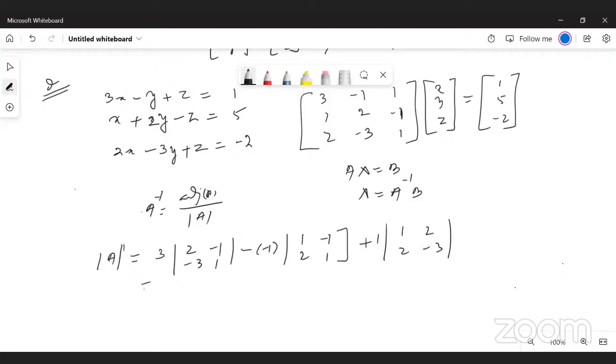So it becomes 3 into (2 minus 3) plus 1 into (1 plus 2) plus 1 into (minus 3 minus 4). So it is -3, plus 3, then minus 12 gives... it is -7. So the answer is -7.